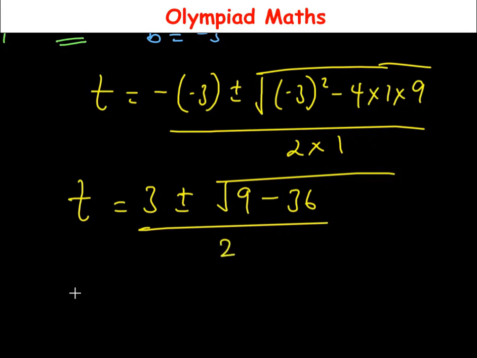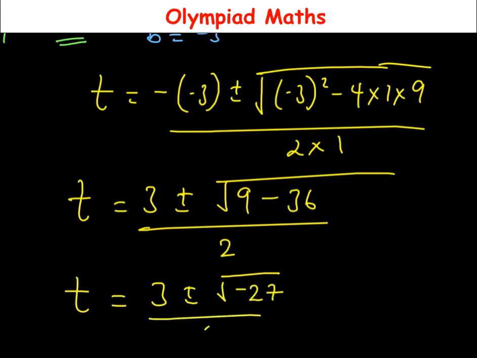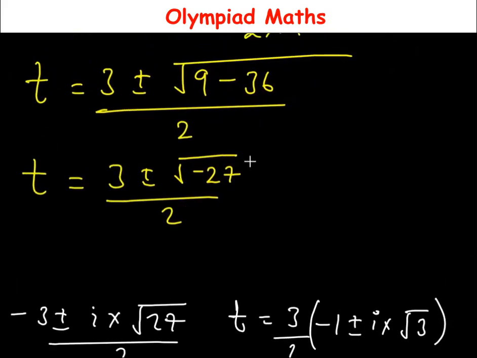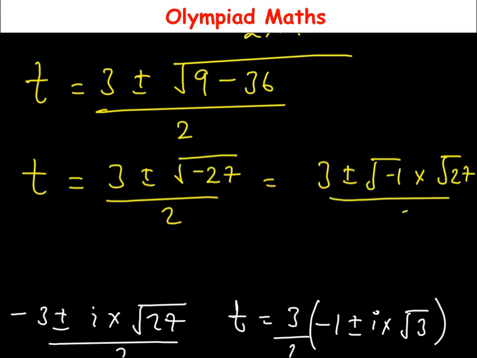From here, the value of t is equal to 3 plus or minus square root of 9 minus 36, which is minus 27, then all over 2. So with this, the value of t is equal to 3 plus or minus, we can write root minus 27 as root minus 1 times root 27, then all over 2.